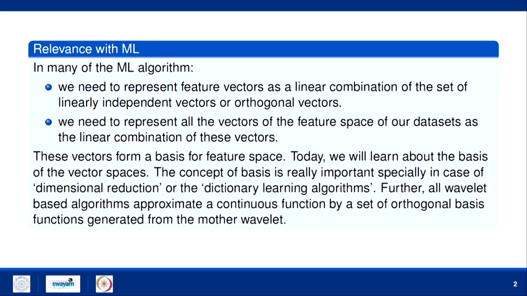So, to write all the feature vectors of our data set in terms of linear combinations of these vectors, we have to find that particular set of vectors. These vectors form a basis for the feature space. Today we will learn about the basis of vector spaces.